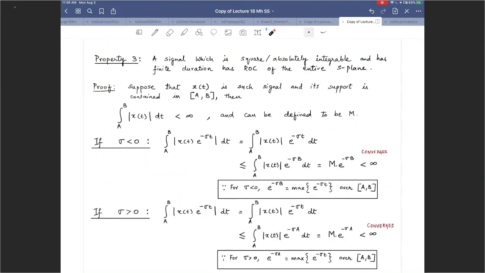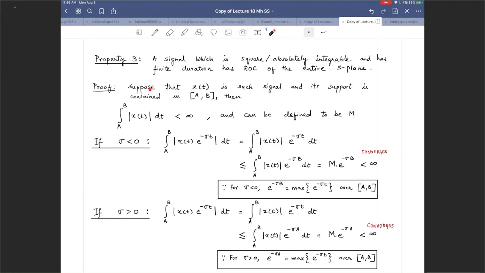All right, let's take a look at property number 3, which is a signal which is square or absolutely integrable and has finite duration has ROC of the entire S-plane. We talked about this. We asked the question and you guys said integral is constant, but we are going to deal with that proof here very quickly.